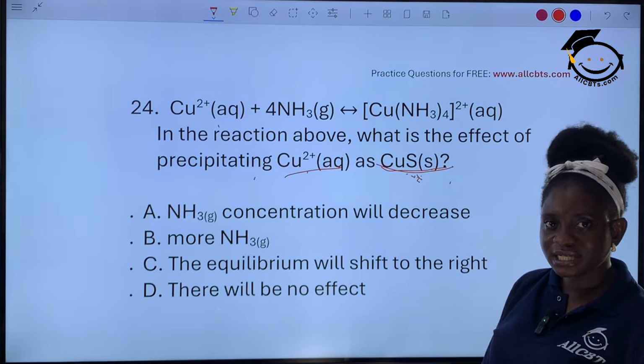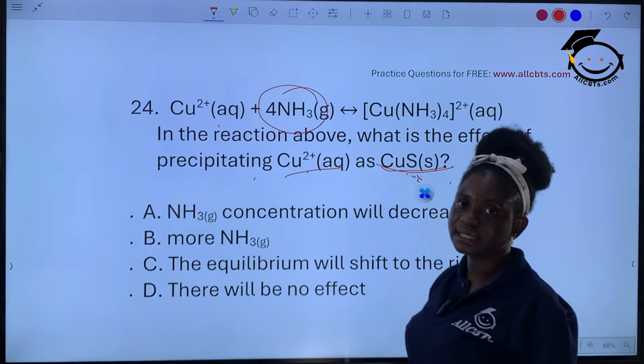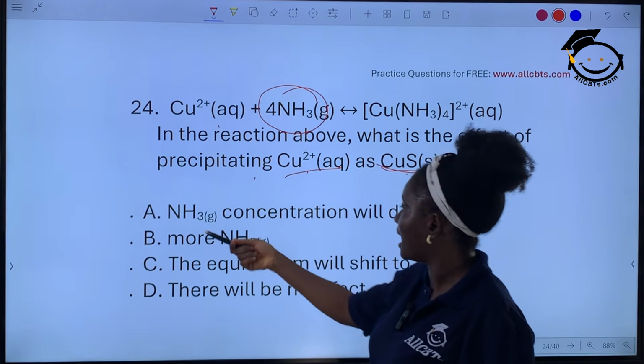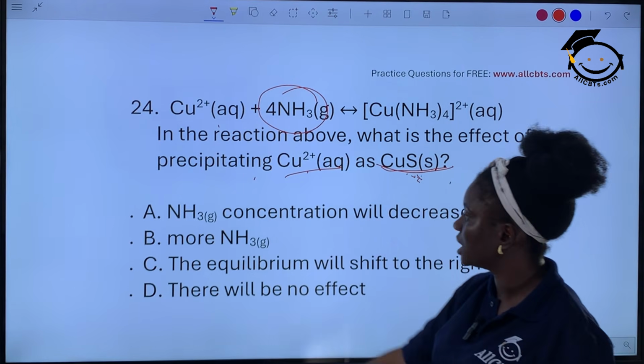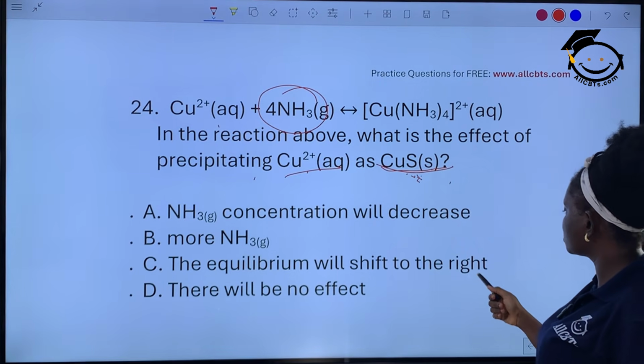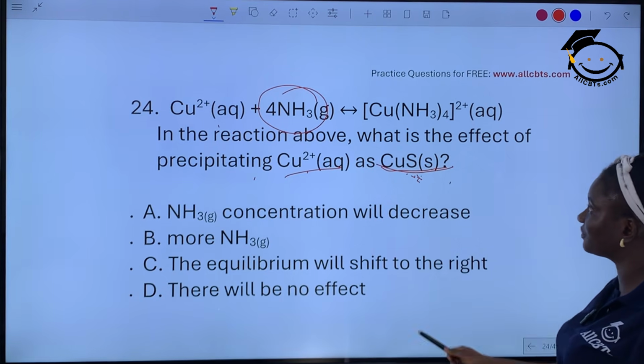And what will happen as a result of that? There will be more production of ammonia. That's what will happen. So let's look at the options. Ammonia concentration will decrease. More ammonia, the equilibrium will shift to the right. There will be no effect.